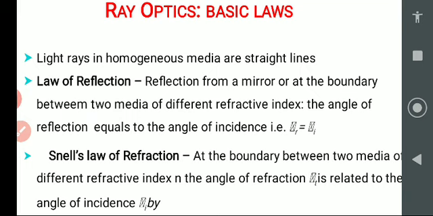If the angle of incidence is equal to the angle of reflection, then the rule is called the law of reflection.